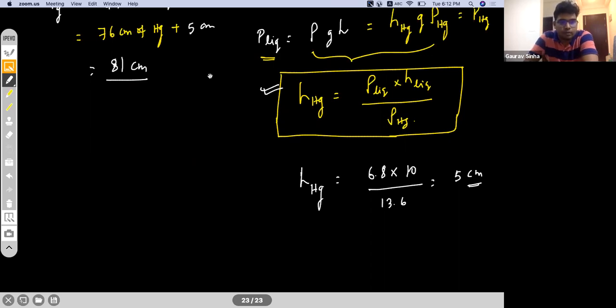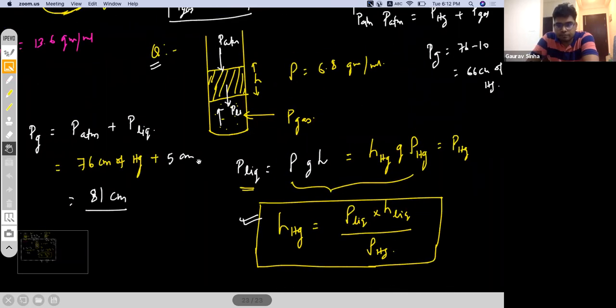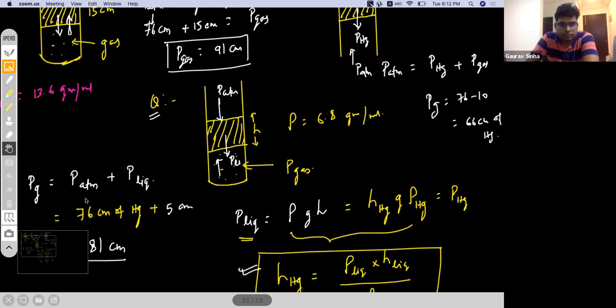Okay, look at this again and let me know if you have any doubt. You just need to balance the pressure: total pressure in the downward direction equals total pressure in the upward direction.